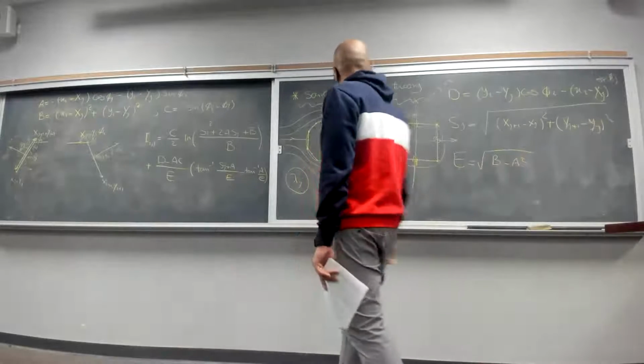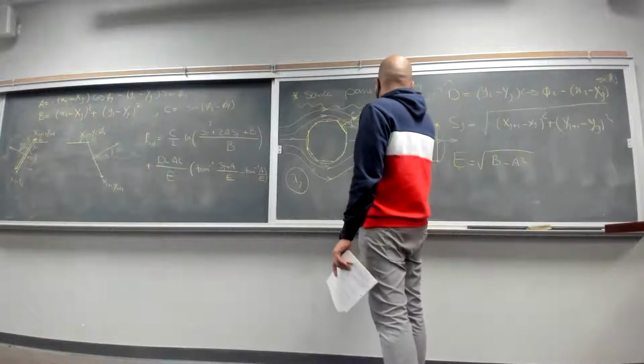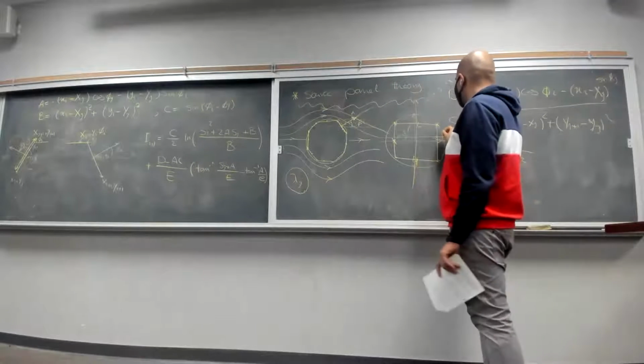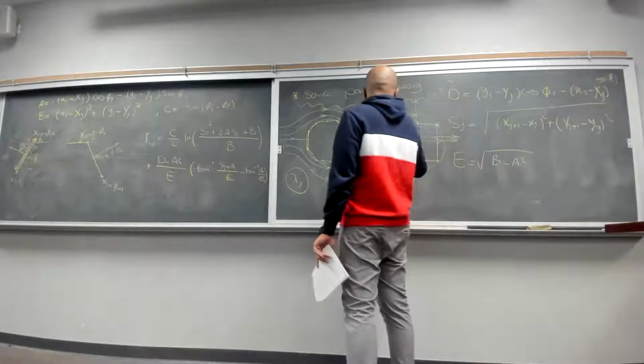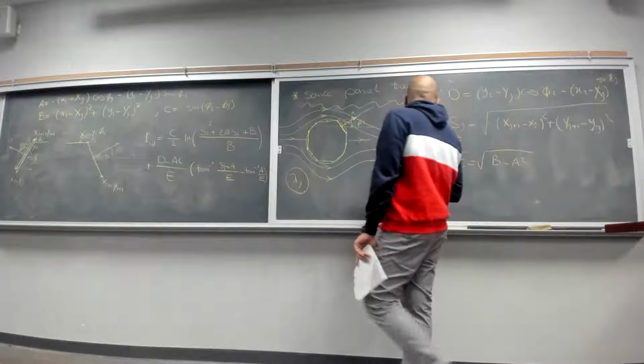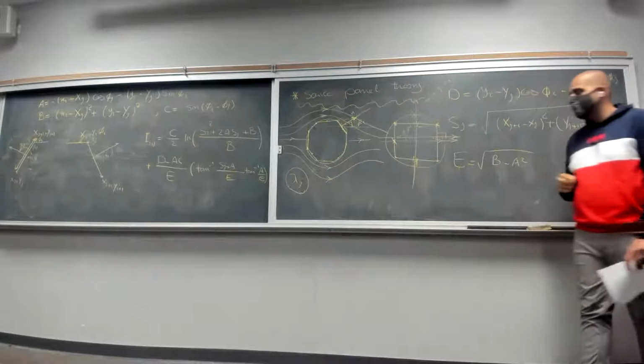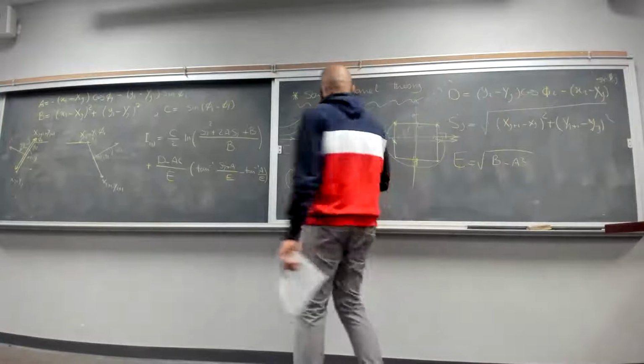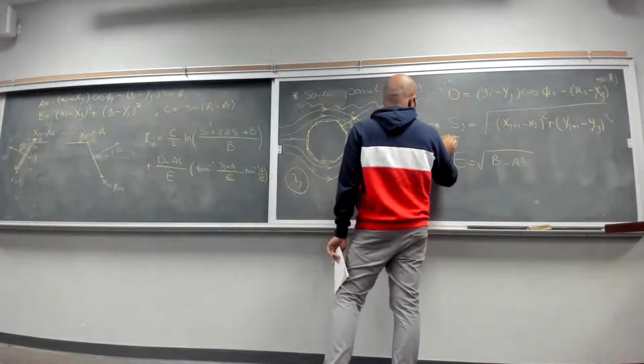And then your beta, the flow direction, is this direction. Your beta for this first panel is going to be equal to 0 degrees, since they are in the same direction.